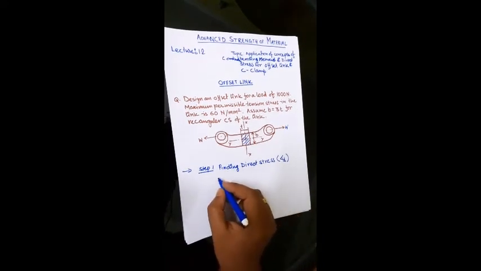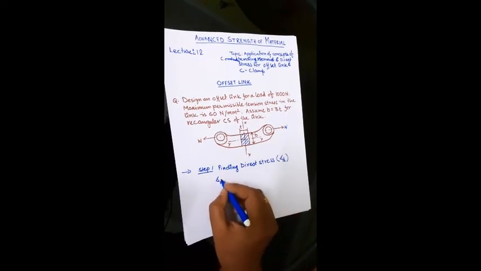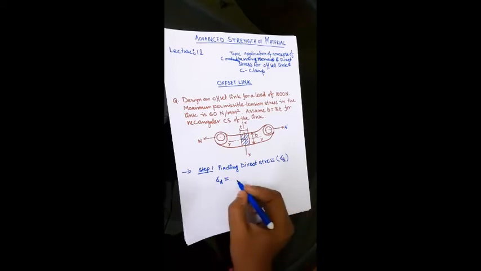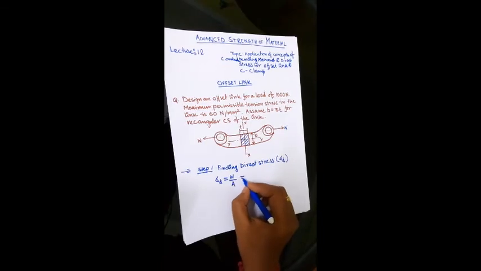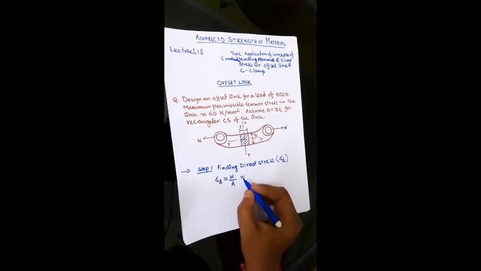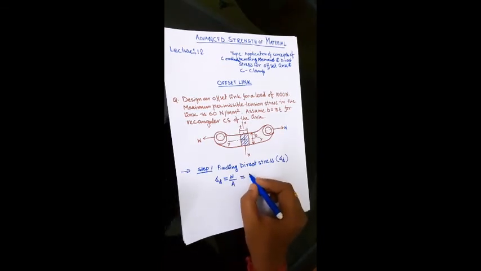For sigma D we know that direct stress comes from the direct formula, that is load by area. Here in this case the load is applied as W and area A is the area of the cross section. The load is given, that is 1000 Newton.